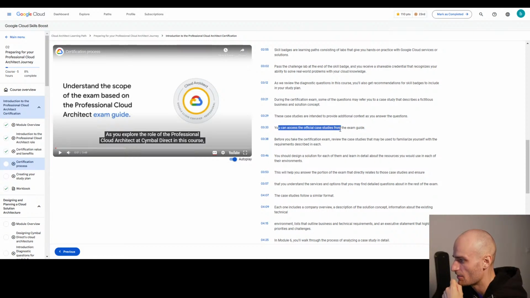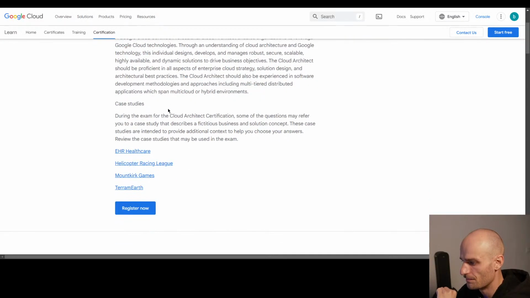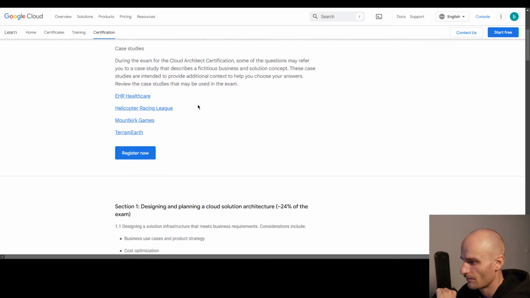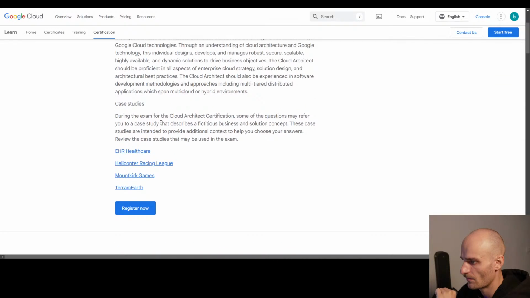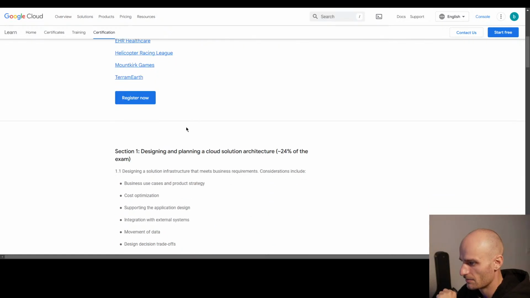You can access the official case studies from the exam guide. So for each certification, I imagine there is an exam guide, and for the professional cloud architect, there's this one. Okay, so I see there are several case studies here.